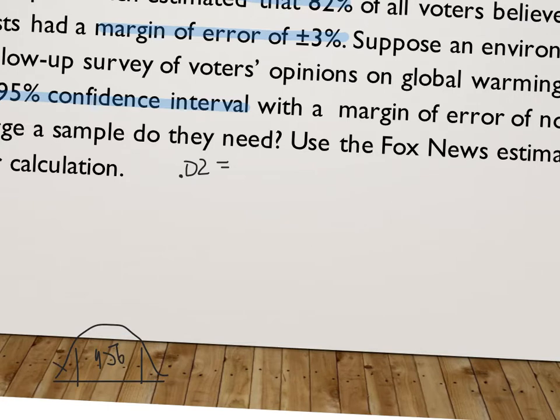That means there's 2.5% over here, and therefore you would have to use inverse norm of 0.975, and it should give you 1.96.